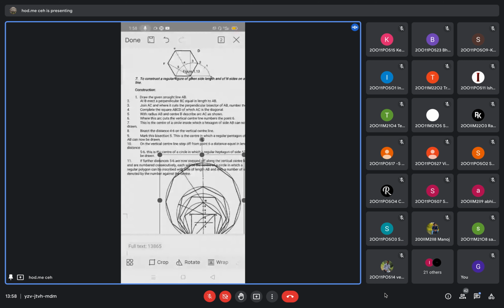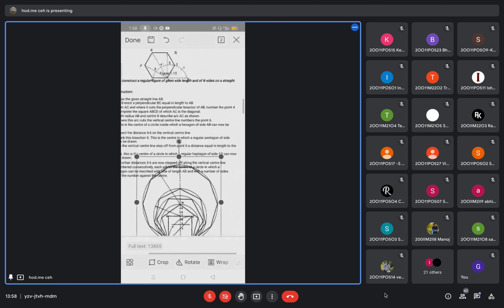Okay, the rectangular box can be used there. The third point: join AC, and where it cuts the perpendicular bisector of AB, number the parts.